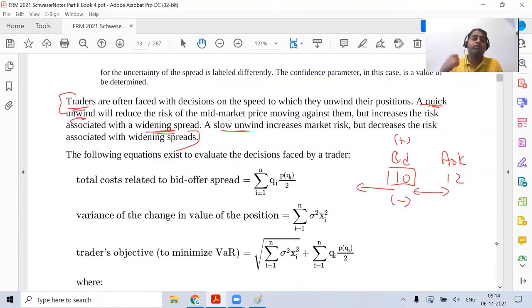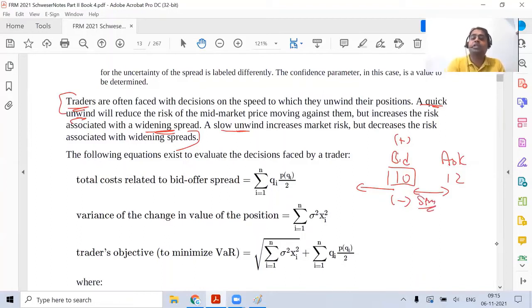So whenever I want to unwind fast, there is obviously a risk that I am selling the asset at a low cost. That means I'm taking a hit. But if I don't want to impact the price and I want to unwind slowly, it reduces the spread, because now my trade is not impacting the spread.